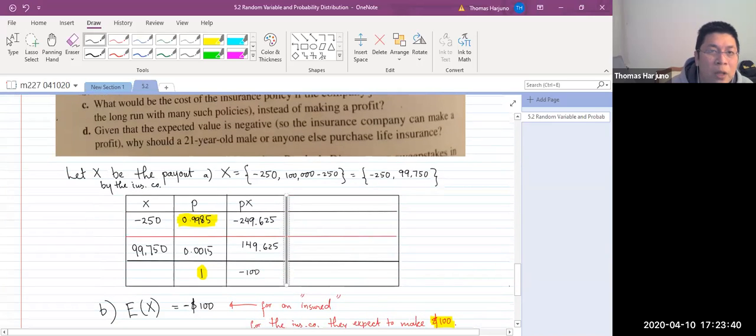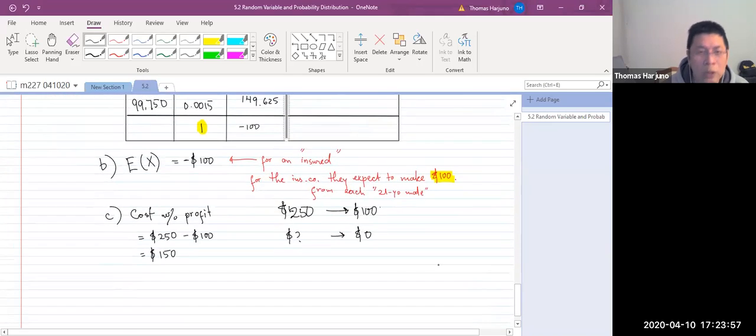Part D, given the expected value is negative from part B, why should a 21-year-old male or anyone else purchase life insurance? The purpose of life insurance is not to make money for you. The purpose of life insurance is what we call risk management.